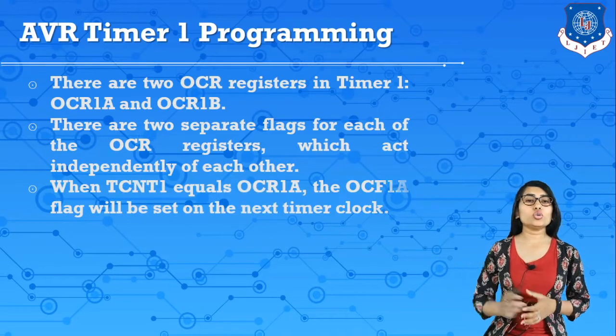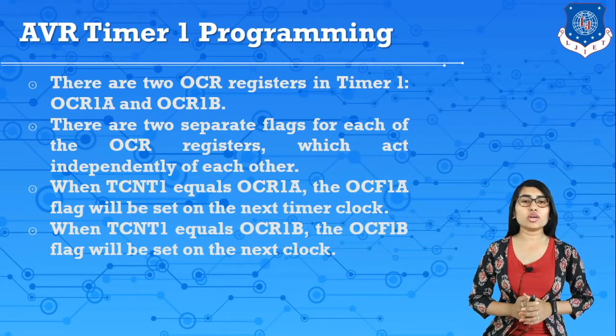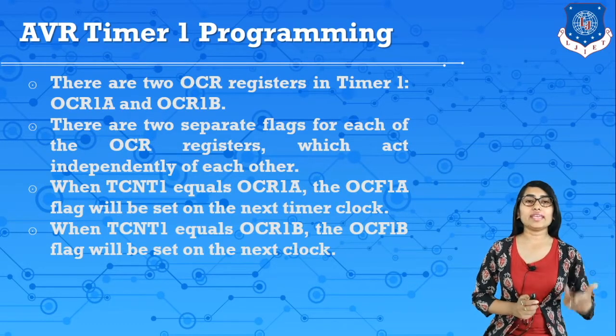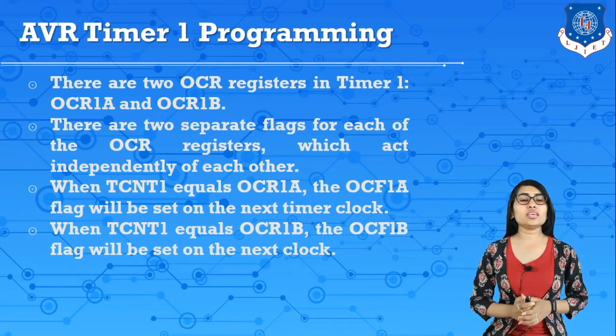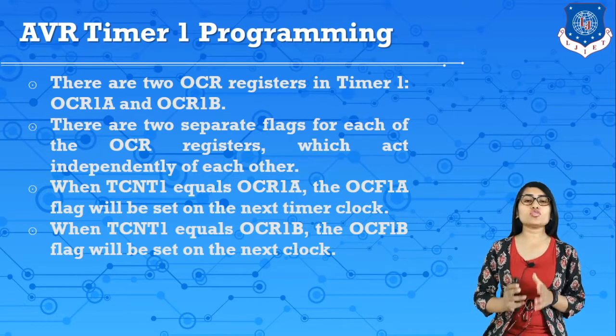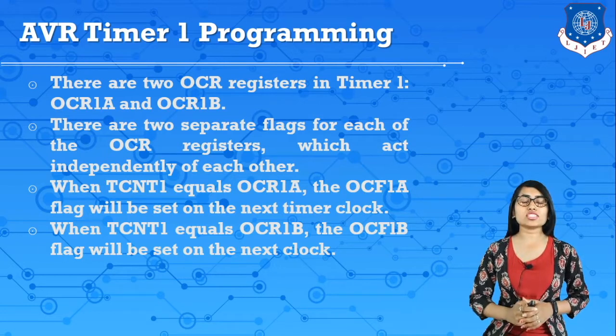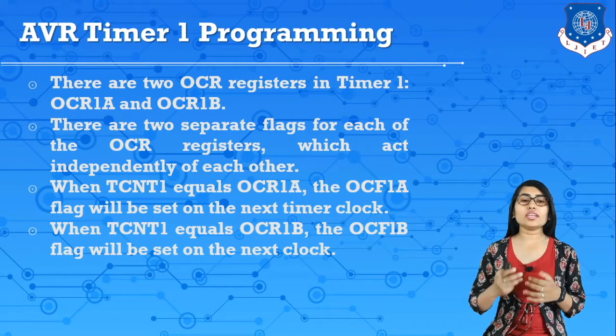There are two registers in Timer 1, OCR1A and OCR1B. There are two separate flags for each of the OCR registers which act independently of each other.